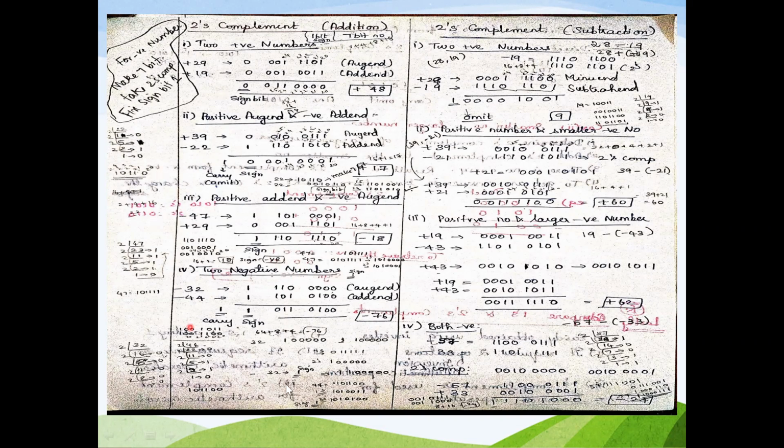For all 4 cases, we will check how to perform 2's complement addition. This is the left-hand side of the slide. On the right-hand side, we will discuss 2's complement subtraction for 4 cases: both numbers positive, a positive number and a smaller negative number, a positive number and a larger negative number, and both numbers negative.